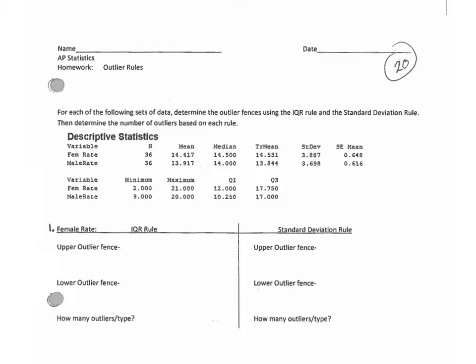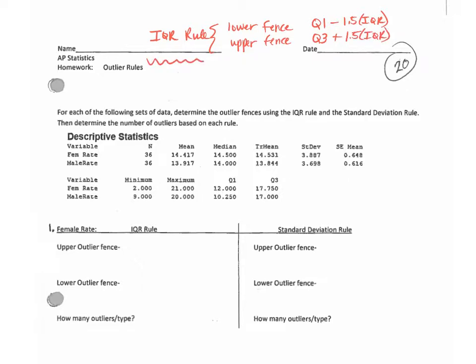IQR rule. We've got the lower fence, so fill that in. That is your Q1 minus 1.5 IQRs. Your upper outlier fence is Q3 plus 1.5 IQRs.